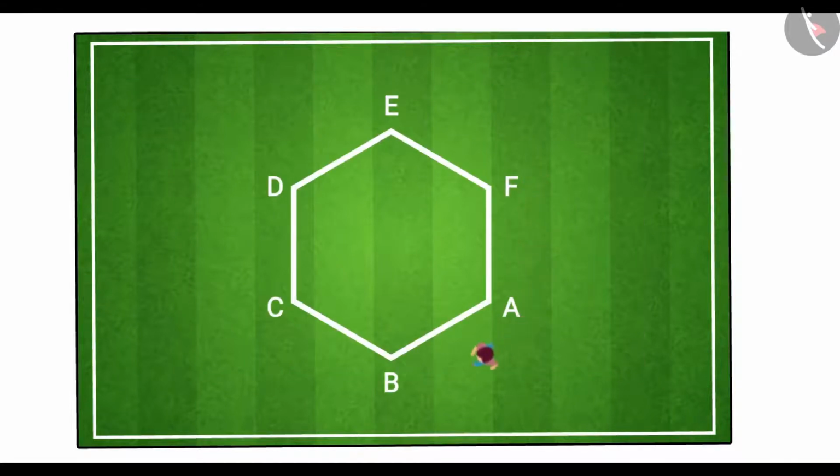Now, the athlete is running on a hexagonal path A, B, C, D, E, F. How many times do you think the athlete has to change her direction of motion? In a hexagonal path, the athlete has to change her direction of motion 6 times.